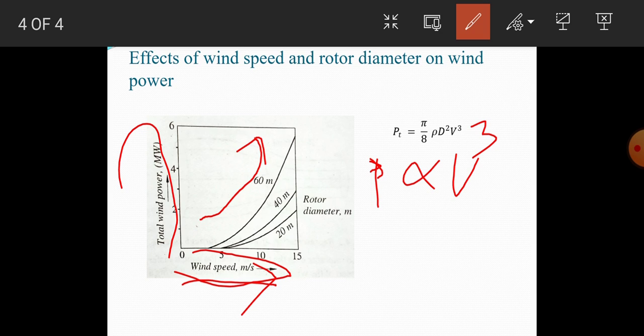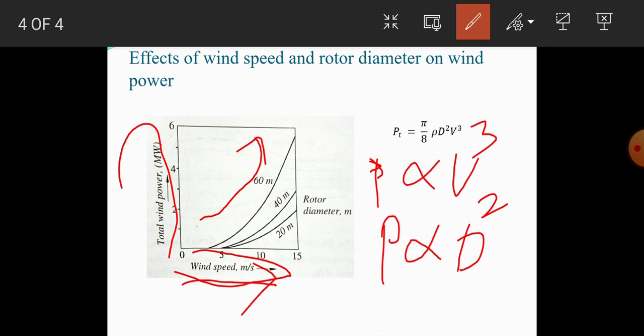And similarly, as we know that power is proportional to the square of the diameter, as we are increasing the rotor diameter, the power is also increasing in a square way.